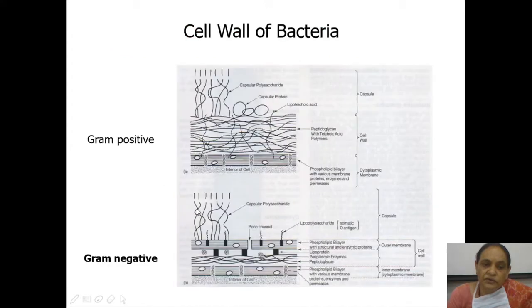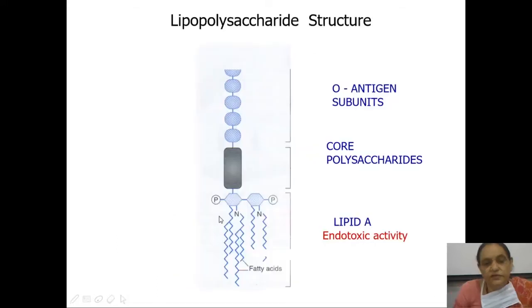I'll just show you this first. So this is the lipopolysaccharide structure, which has a lipid A component here, which is in the cell. There is a core polysaccharide which is conserved across all gram-negatives of a particular family, for example, amongst Enterobacteriaceae. So this is what will come in the classification also.